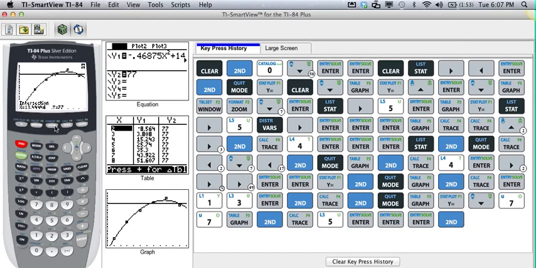The second time is going to come from doing an intersect. But before I press all this, you can see I have my first curve. I'm going to cursor over and scroll over to the other intersection point. That'll ensure that I'm picking up the correct second time.